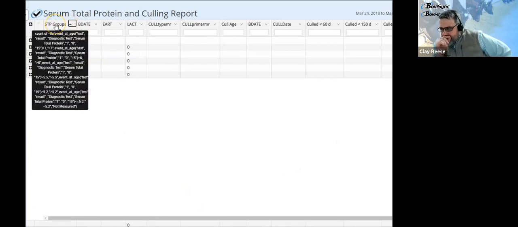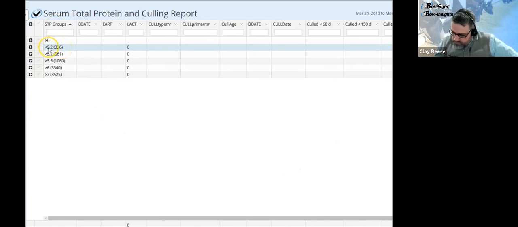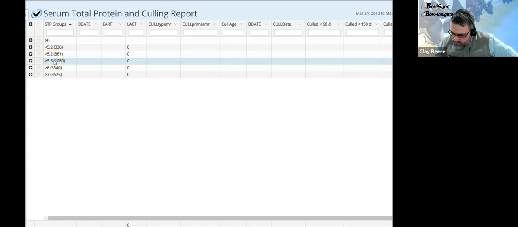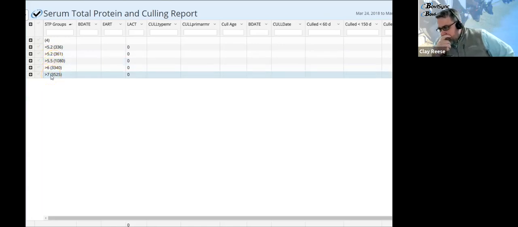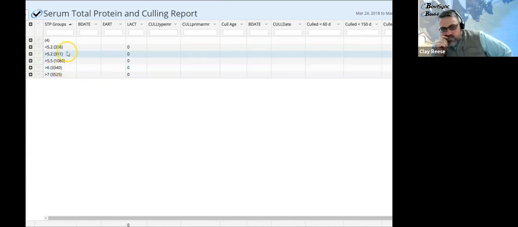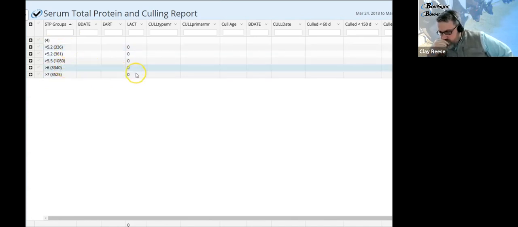It's a little bit over the top, but nothing that we can't help walk you through. But basically it's saying if the serum total protein value is within these categories, so less than 5.2, greater than 5.2, greater than 5.5, greater than 6, or greater than 7, put them in that bucket. So this would be greater than 7, this would be 6 to 7, 5.5 to 6, 5.2 to 5.5, and under 5.2.